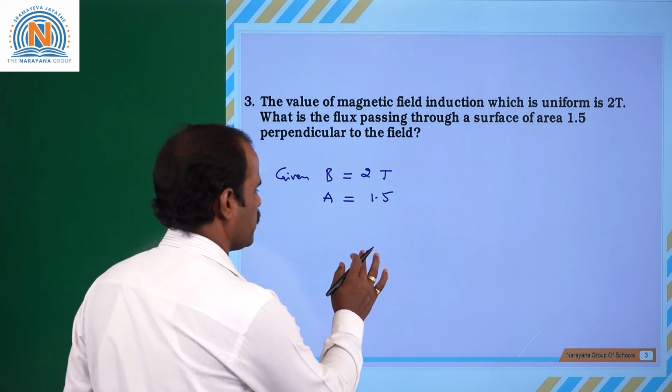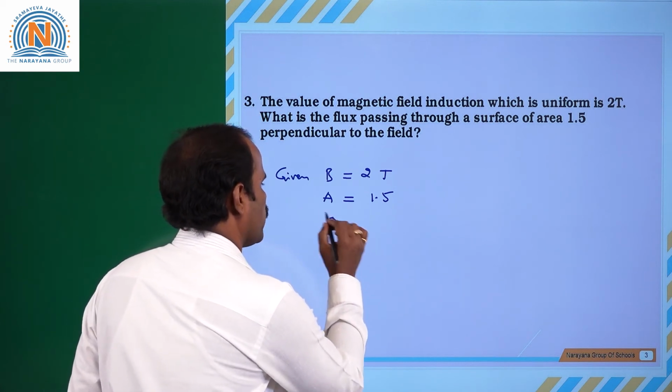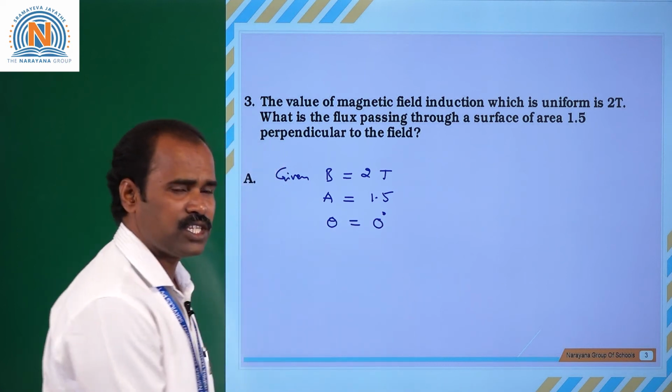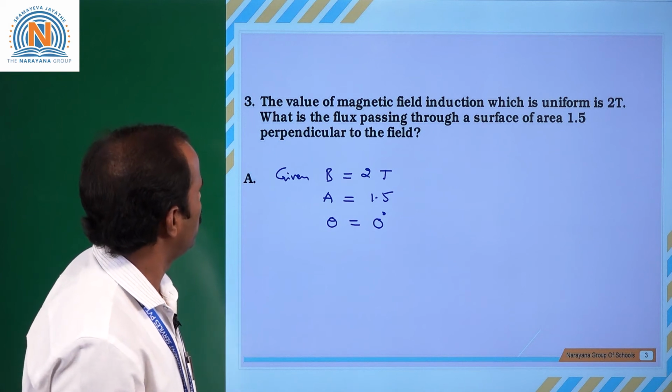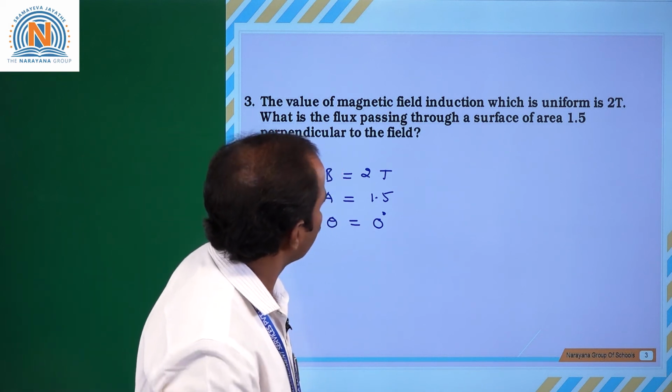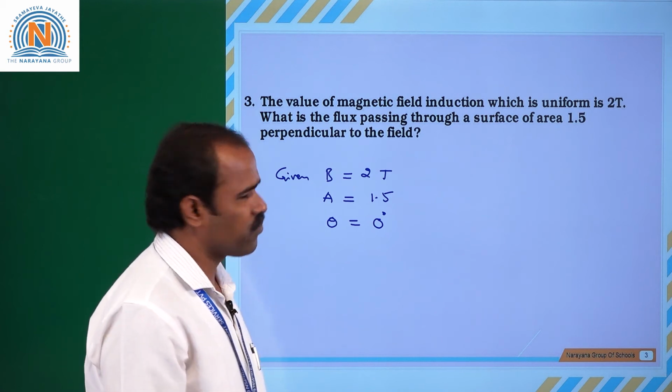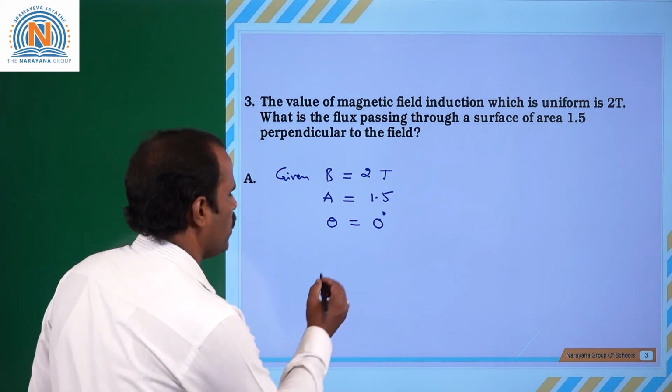Perpendicular to the field means the angle theta between the field and the area vector is 0 degrees. Then what is the flux we need to find out? What is the formula?